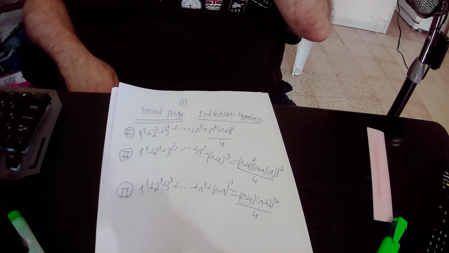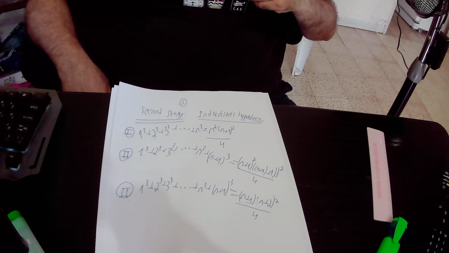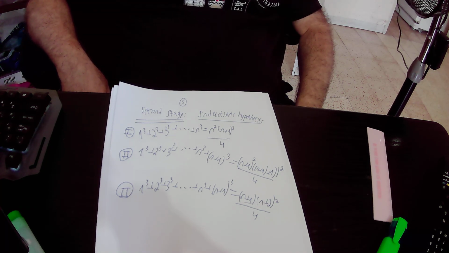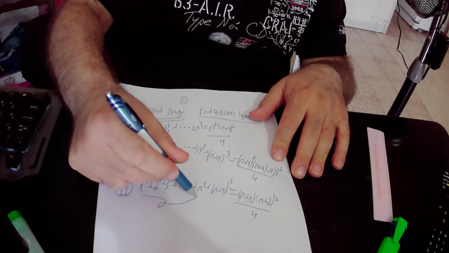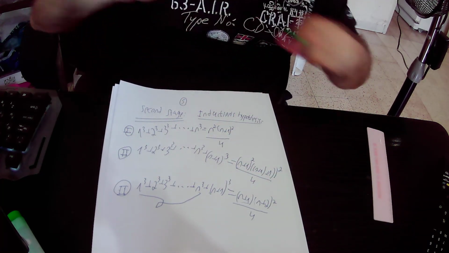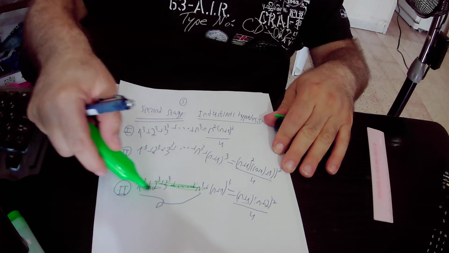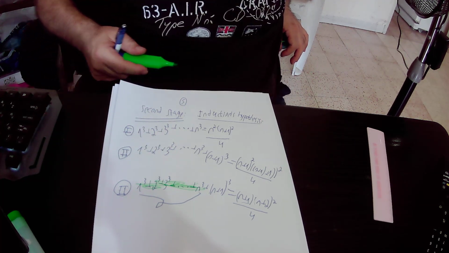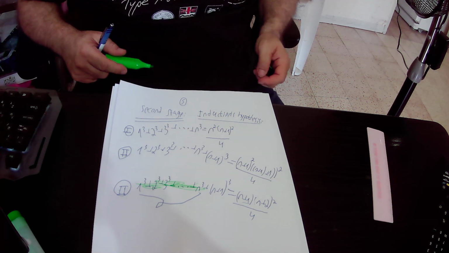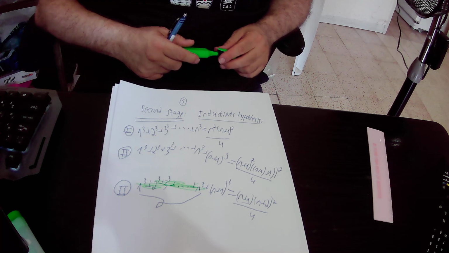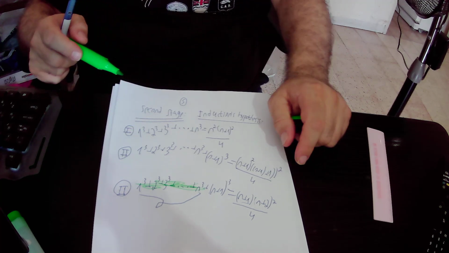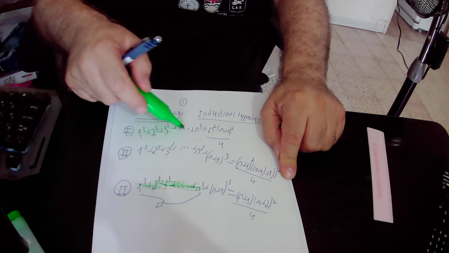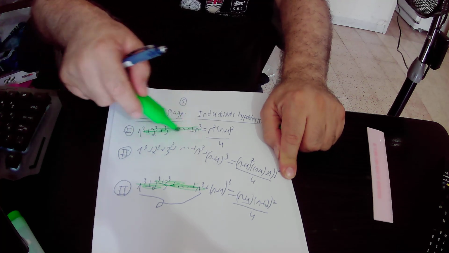Okay. So here we will do exactly the same process as we did in the first example. We should look at this expression in the green color: 1 to the power of 3 plus 2 to the power of 3 plus 3 to the power of 3 plus n to the power of 3 is exactly the same as this expression.